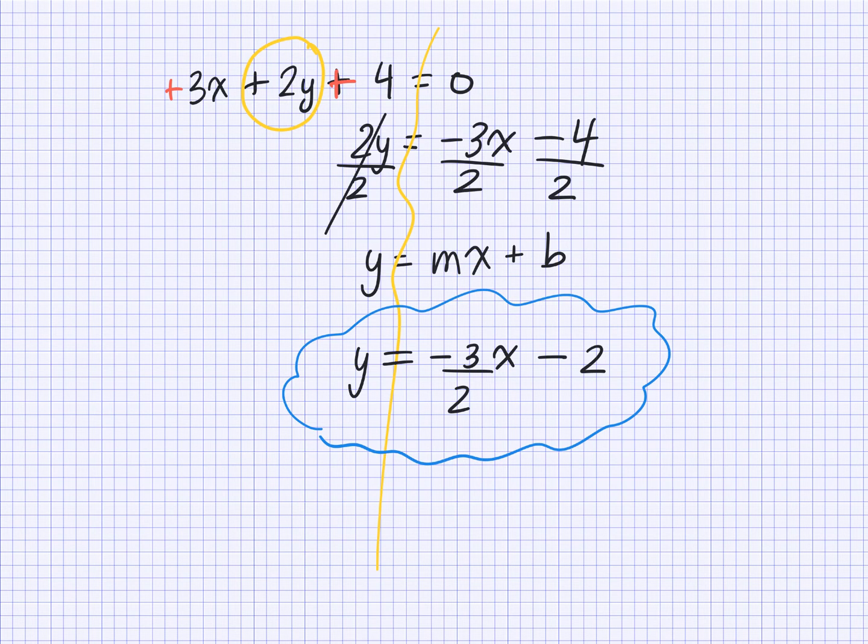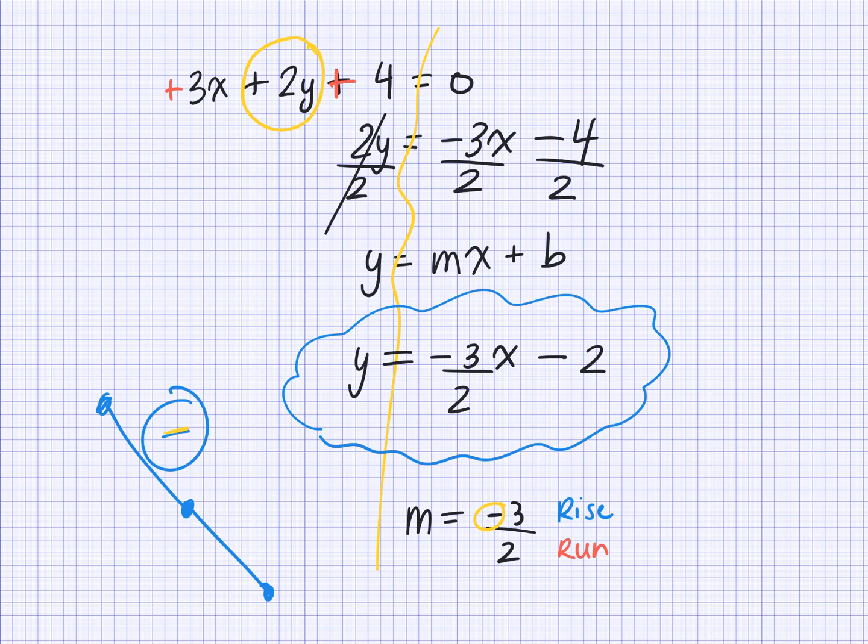So what is m equal to? What's the slope? Yep, negative 3 over 2. So the rise is what? 3, and the run is 2. It has a negative slope. This is important. When you're drawing the line, depending where you start, you're either going to go down to the right or up to the left because it has a negative slope.